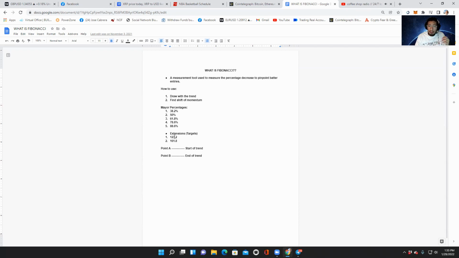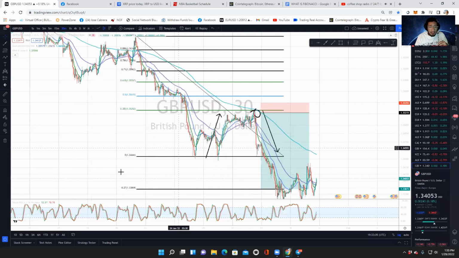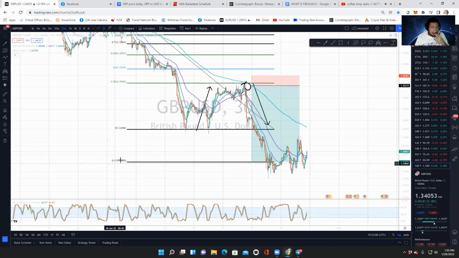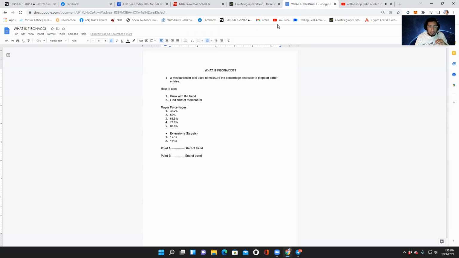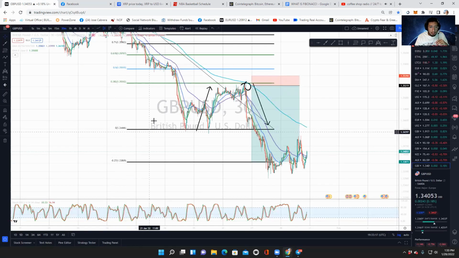So the 127.2 and the 161.8. Okay, and you can see right here, this is my 127.2 area, and this is my other area, the 161.8. So this one would have been one, and this is another extension.